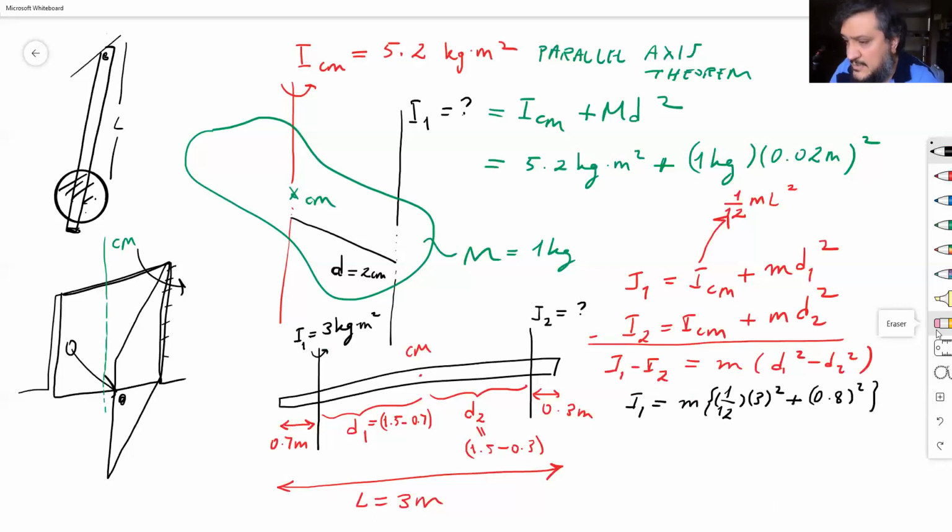Okay, so I1 is equal to 3. We have that. Let me just write 3 here. 3 kilograms. I'm not writing units, just writing the actual value, 3. So we can now calculate m from here, right? So this will be 9 over 12 plus 0.8 squared. That's my calculator.